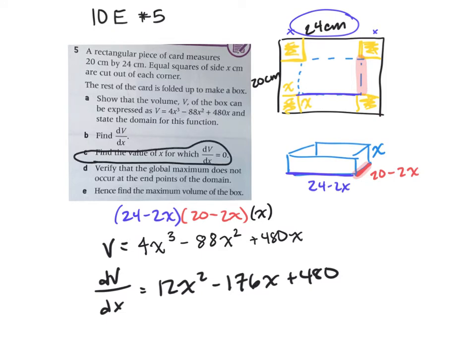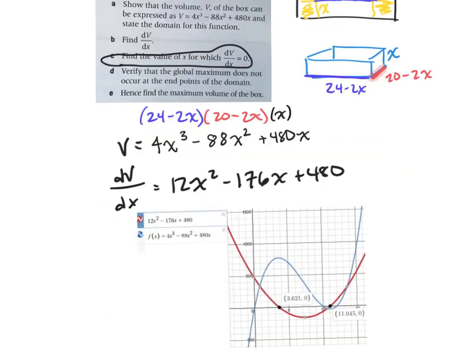Because you guys can use a calculator at any point, I'm going to use a calculator to do this, because that seems annoying to do by hand. Okay, so values for which the derivative is equal to 0. So here's my derivative, here's my original function. Where that is equal to 0, I asked my calculator, and it is that x equals 3.6 and x equals 11.45.